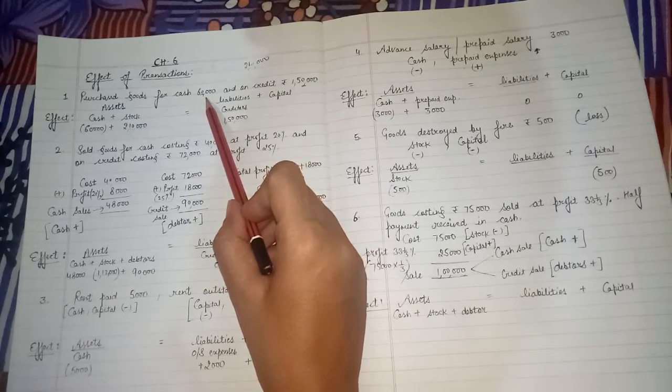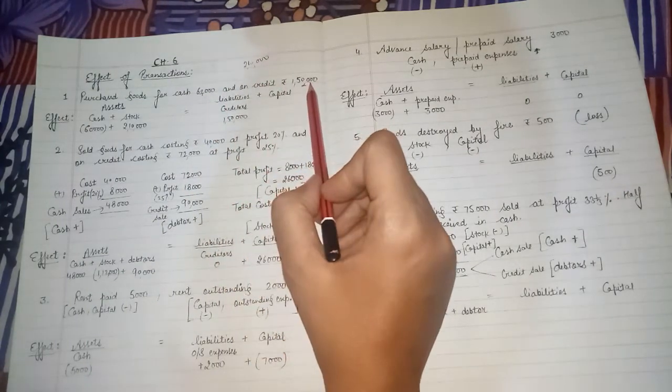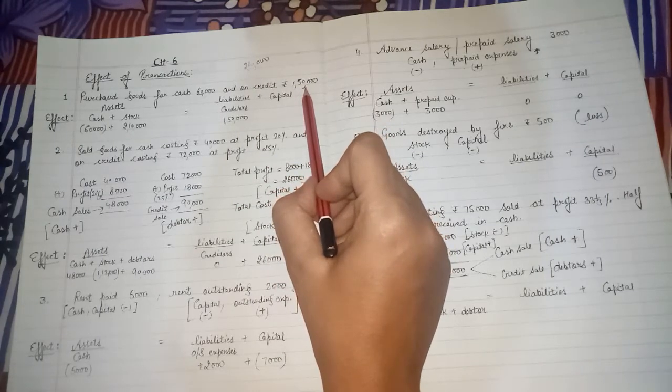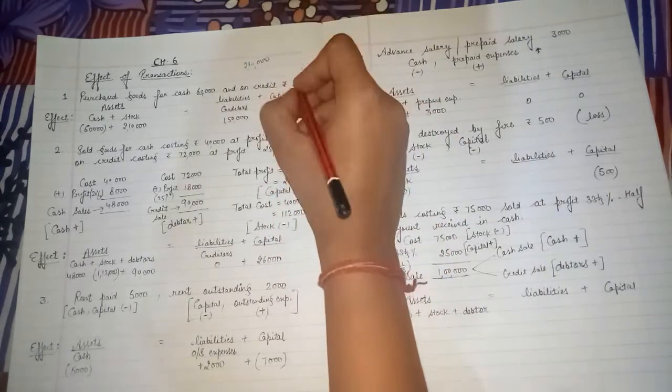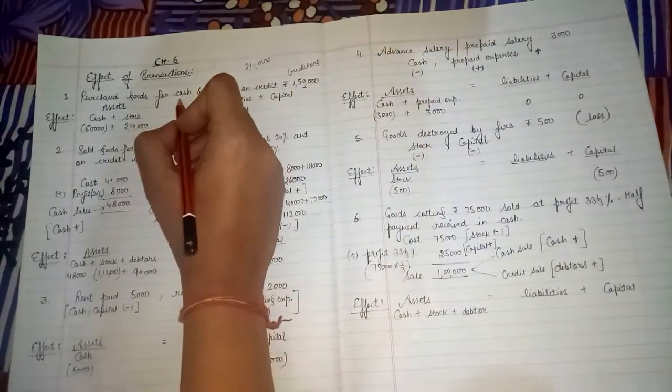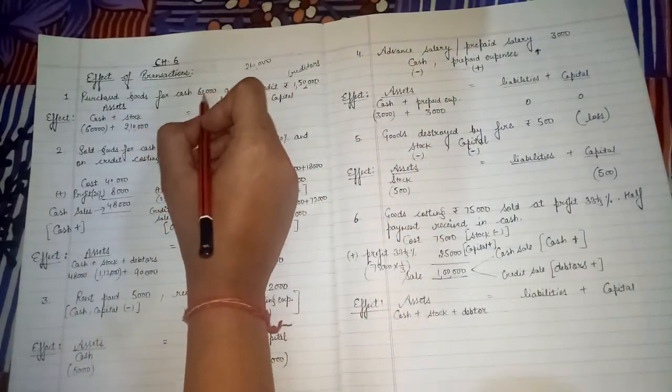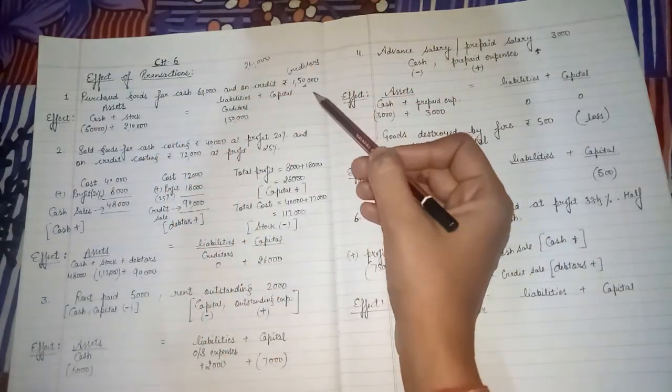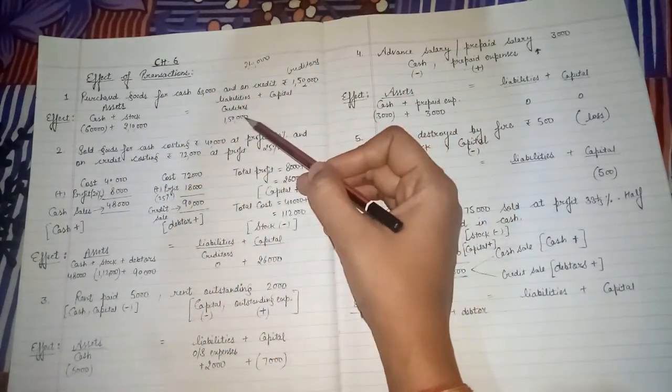And cash payment is 60,000. It will be deducted from cash. And we have purchased 1,50,000 on credit. It will affect creditors. Clear? Cash payment will be deducted from cash and credit purchase will affect creditors.